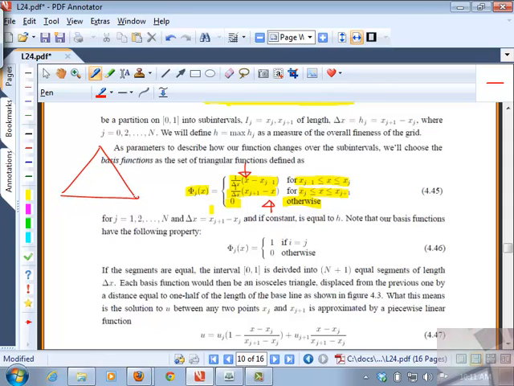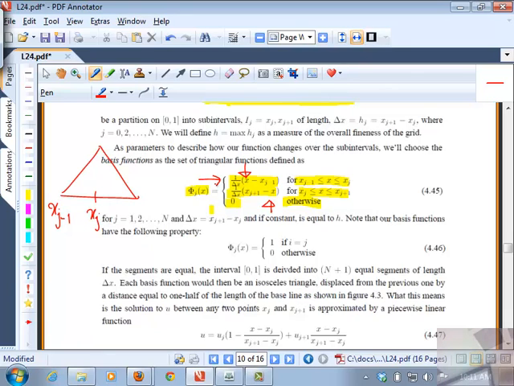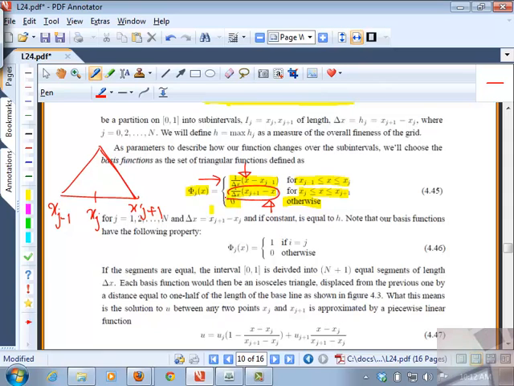If x lies between x(j-1) and xj, it is the first part, the positive one. And if it lies from xj to x(j+1), it is this part that is defined by this equation. That is my basis function. And if you evaluate it, for example, when you put x equal to x(j-1), what happens? 0, right?